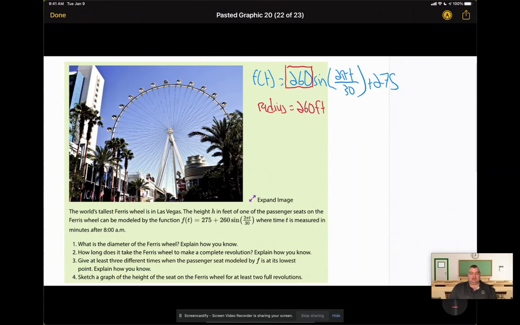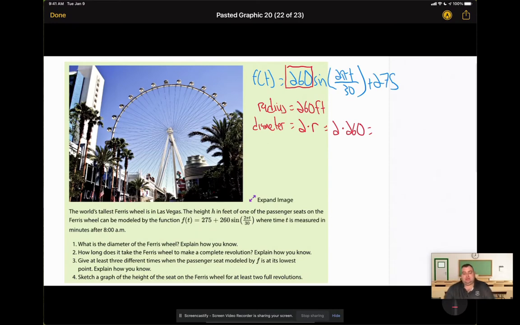Now, that is not the diameter, okay? The diameter, remember, is the length all the way across the circle through the center. So the diameter is equal to twice the radius. 2 radii make a diameter. So to figure out the diameter, I have to take the 260, which was the radius, and multiply it by 2.